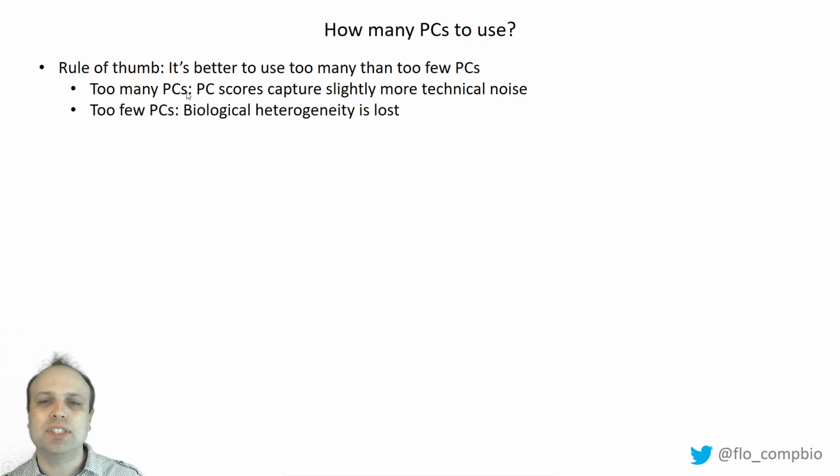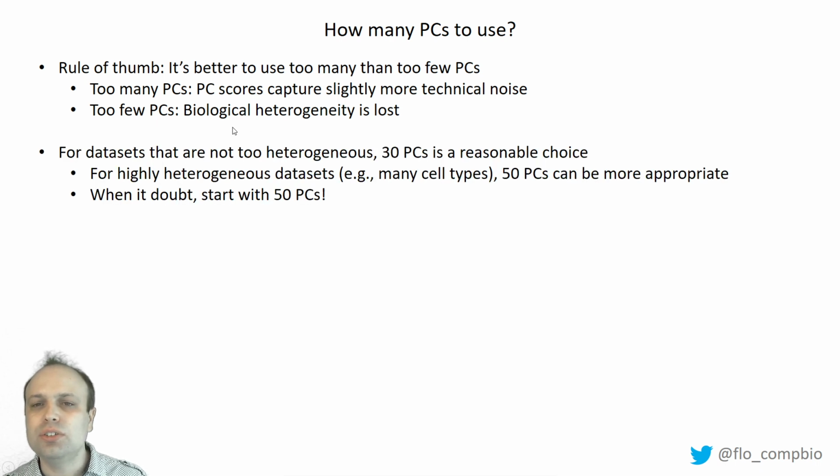When you use too many, the additional principal components capture more of the technical noise, but not much more, because the heterogeneity increases very slowly. If you use too few principal components, then you're losing expression differences, which is very bad. So it's better to include too many principal components.